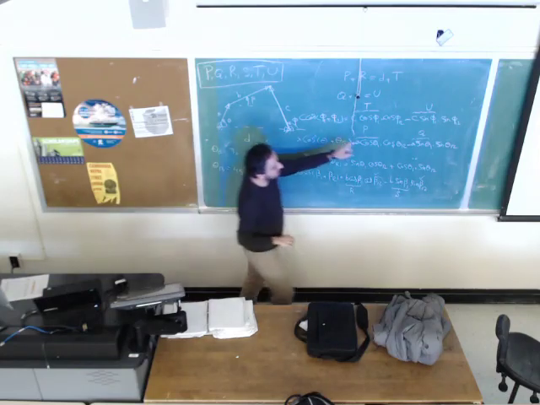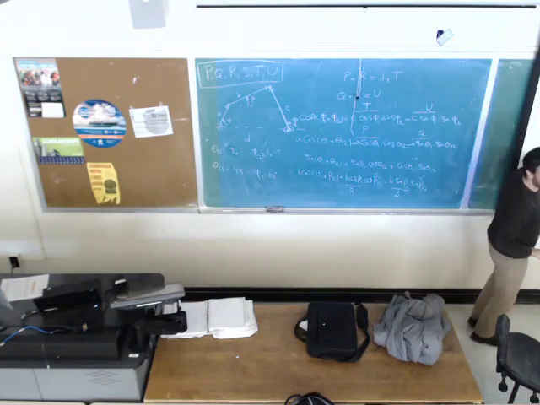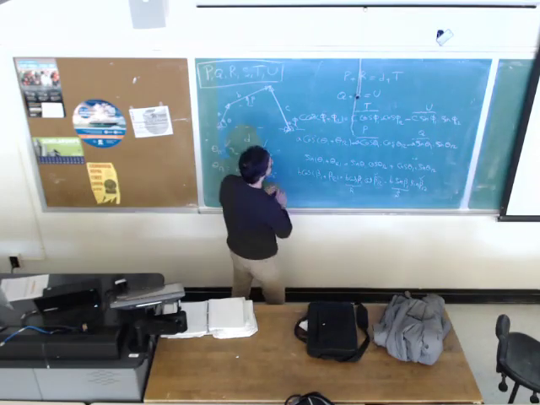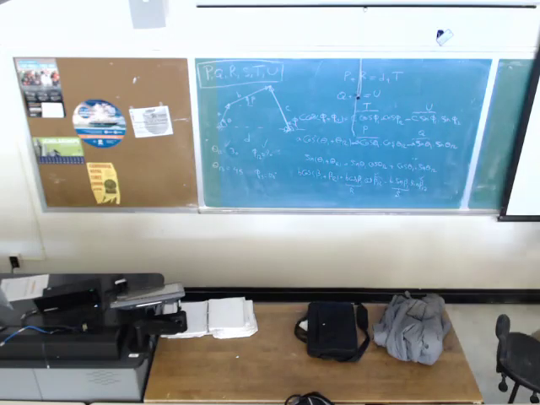Number 4. First, you have to expand this. So A sine of theta 1, I'm going to expand it here. It's going to be A sine of theta 1 cosine of theta 1 2 plus A cosine of theta 1 sine of theta 1 2.